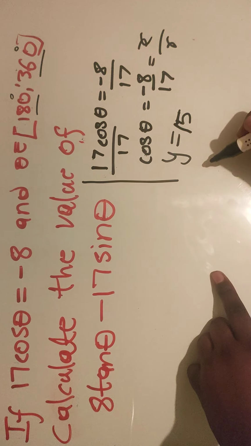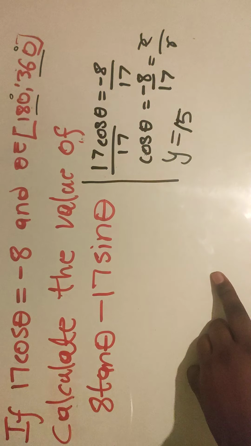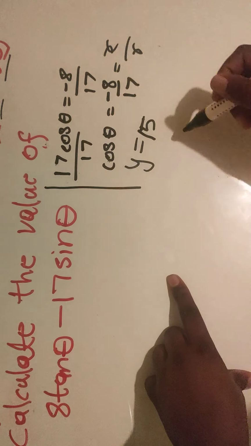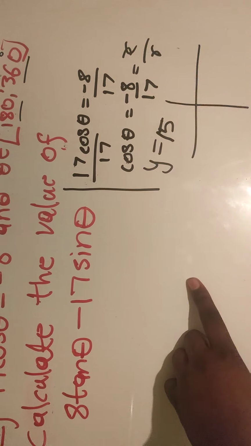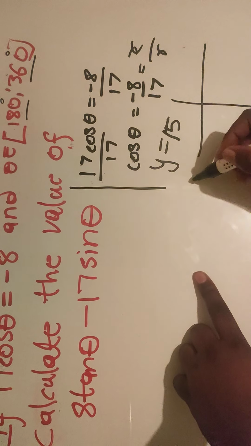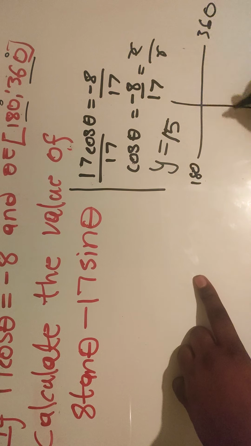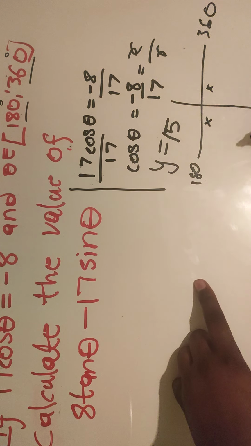Again, we haven't looked at the restriction. So let's have a look in terms of where the position is. We have been told about 180 and 360. So our position can be either in quadrant 3 or quadrant 4. But what do we know?